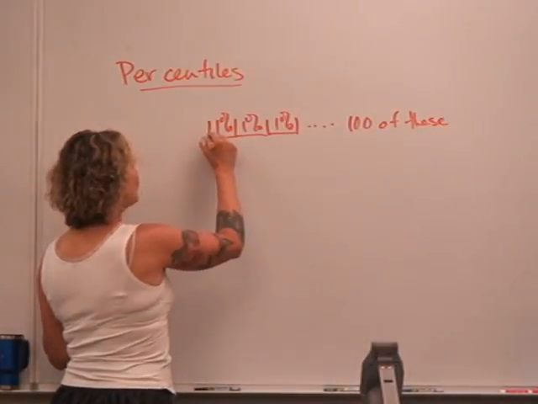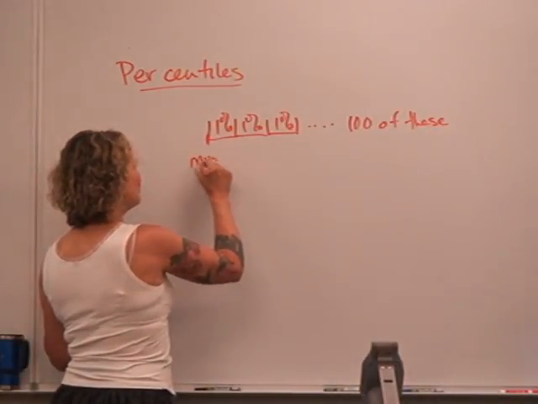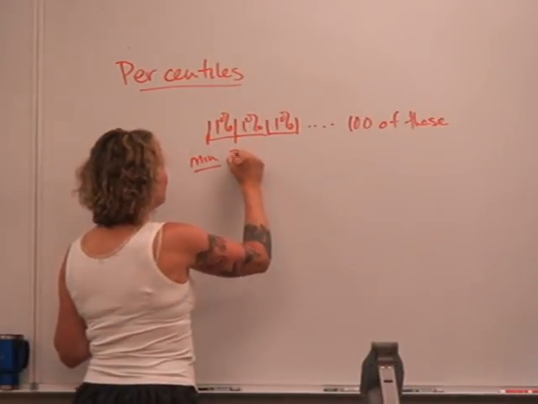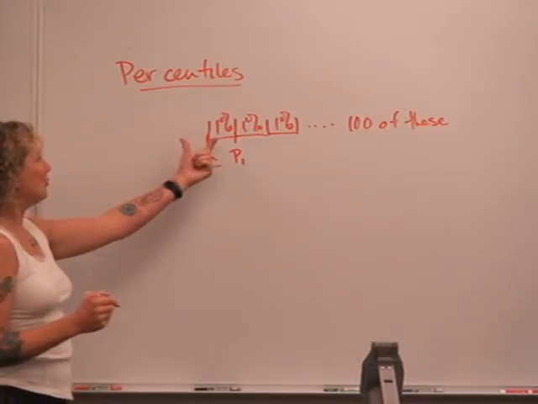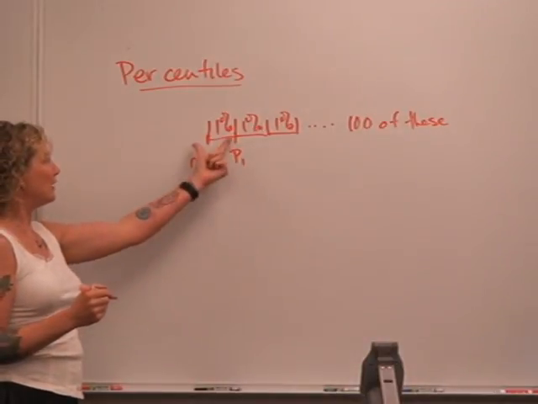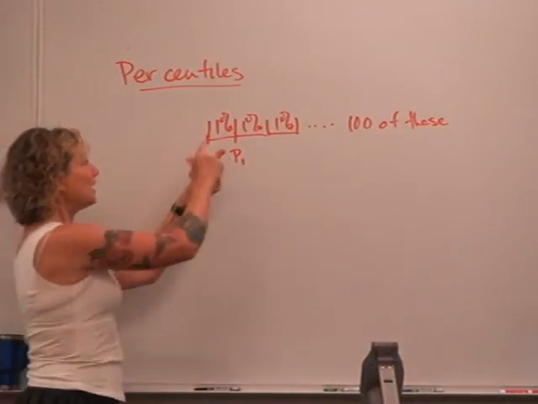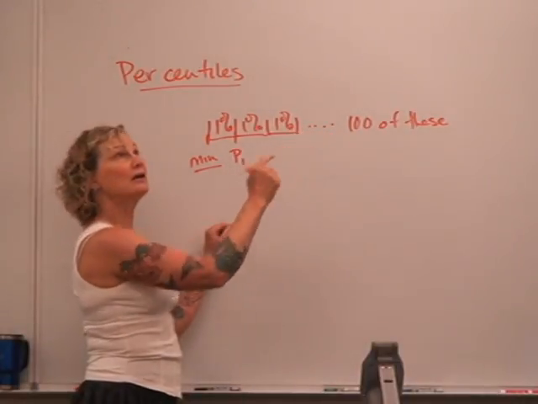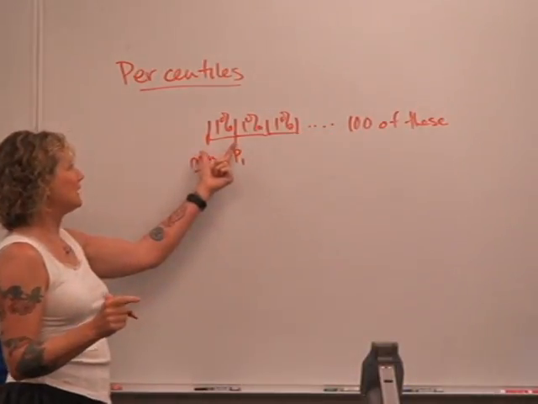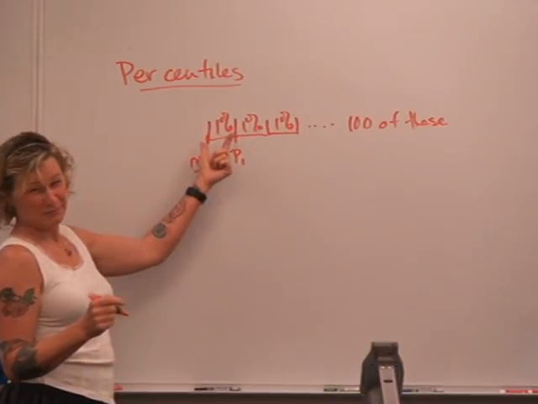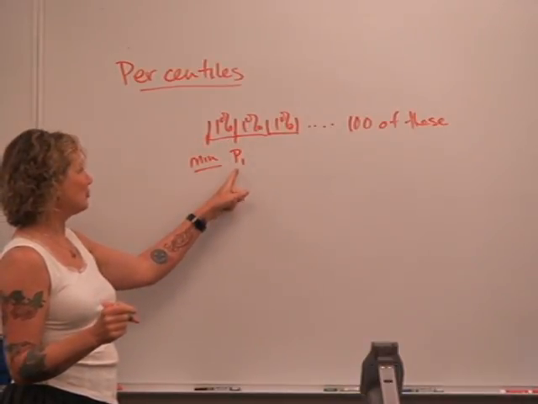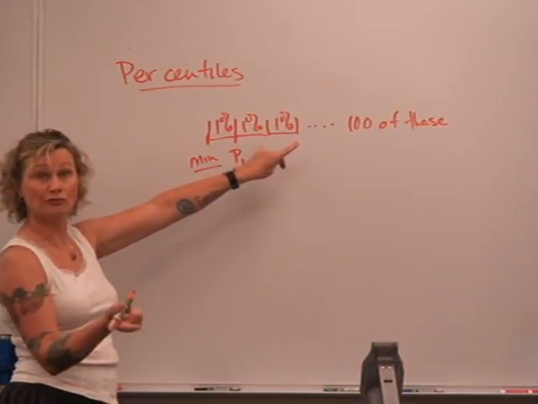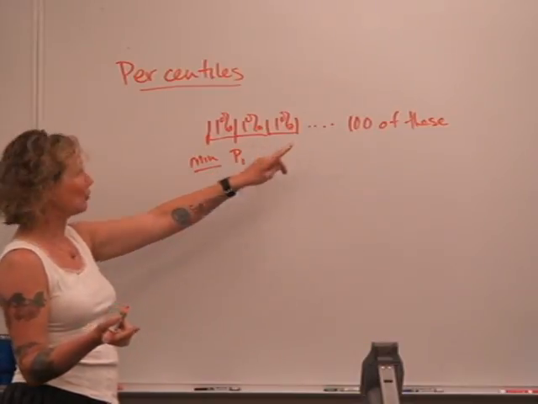You would have your smallest or your minimum score at the very lowest end. And then P1, the first percentile, would be such that 1% is at or below, 99% is at or above. Meaning 1% of the data is at or smaller than that number, and 99% is larger than that number, okay?